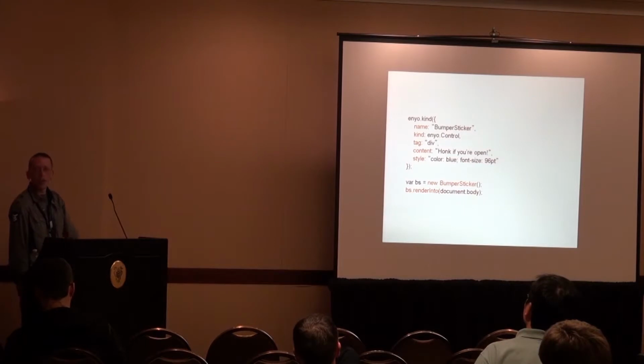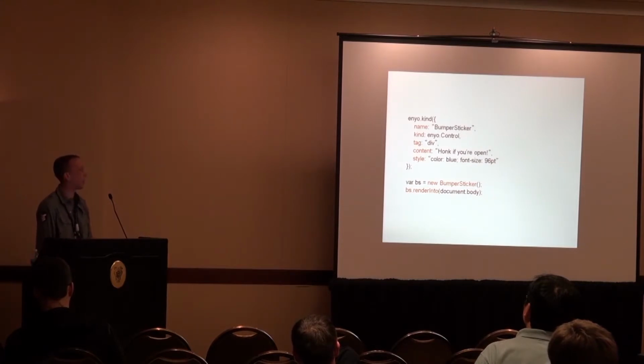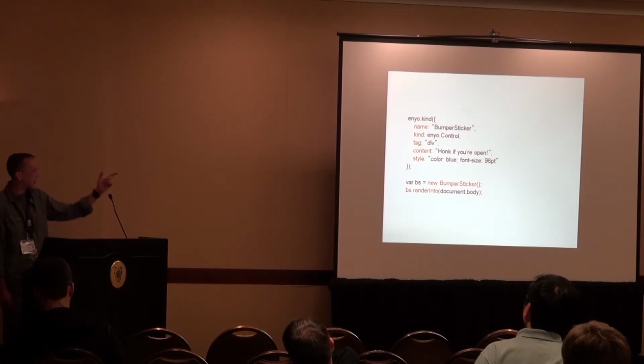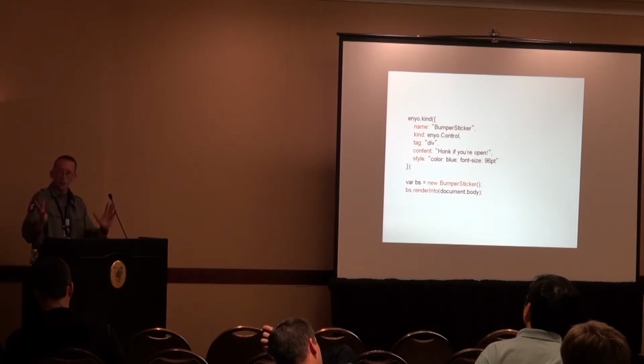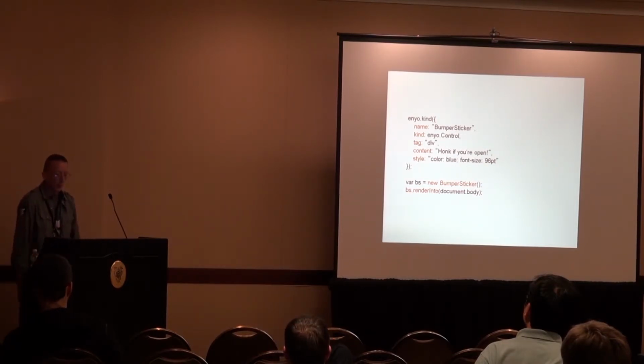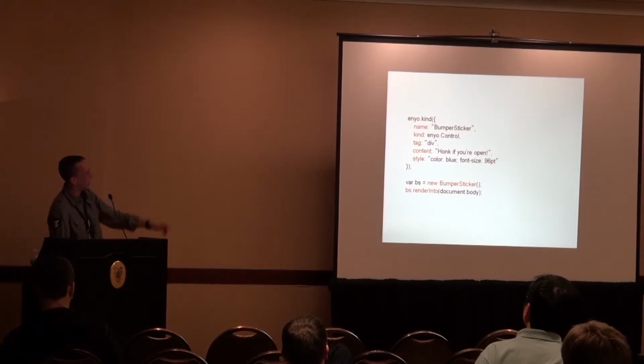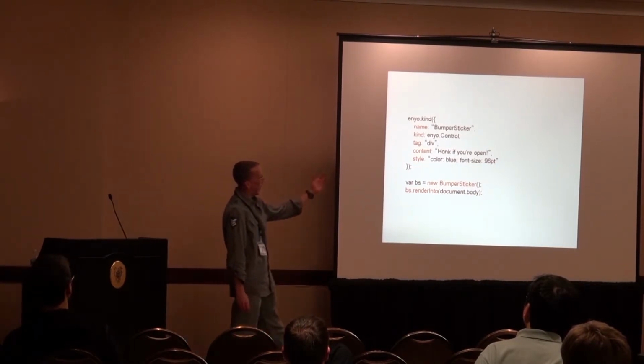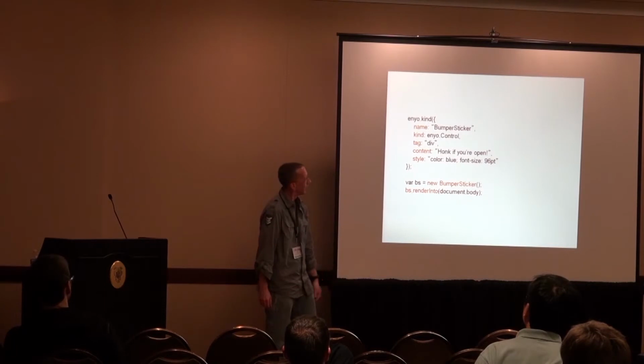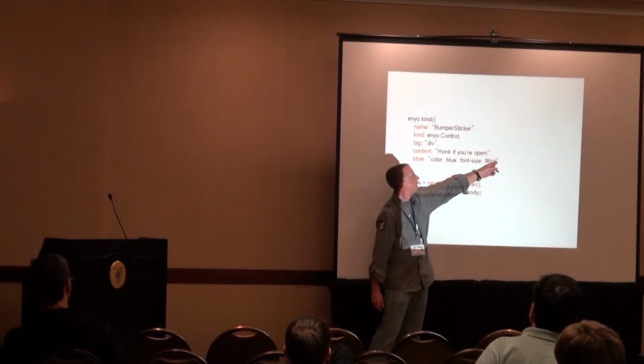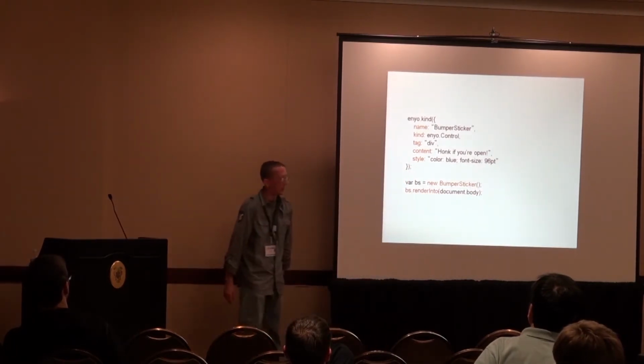If I don't tell it what tag, it's going to be a div by default. I can make it be a span or BR or whatever I need. I specify with the tag property. In this case, I'm just specifying content, and that will just go in the inner HTML of this particular div. And then I can do inline style this way just by providing the style property and giving it my style string. That's a bug. I need to have a semicolon there at the end.